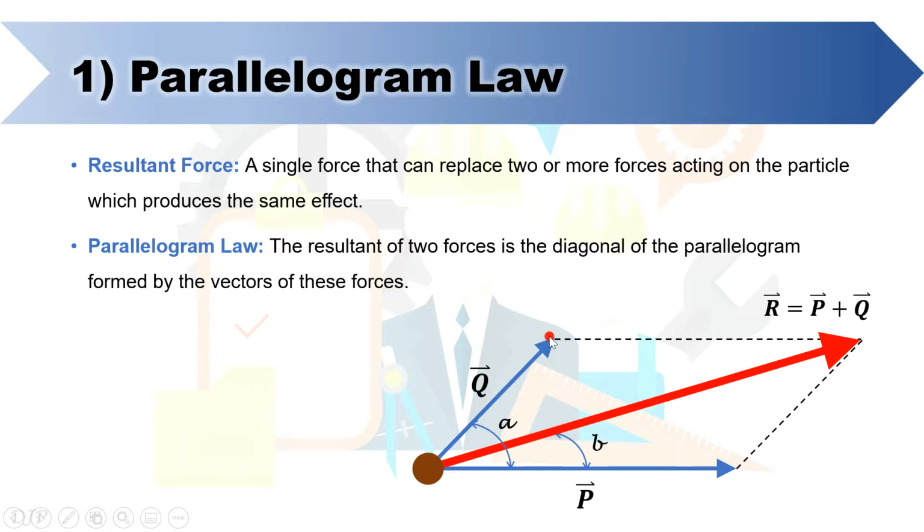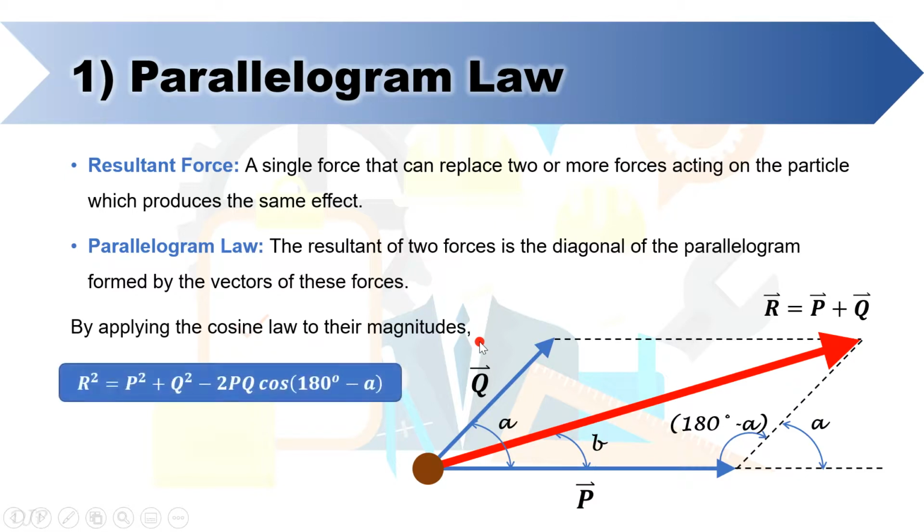By applying trigonometry, we will be able to get the necessary dimensions so that we can use the cosine law to get the magnitude of the resultant. Take note that since we want to get the magnitude of the resultant, we need to find first its opposite angle.